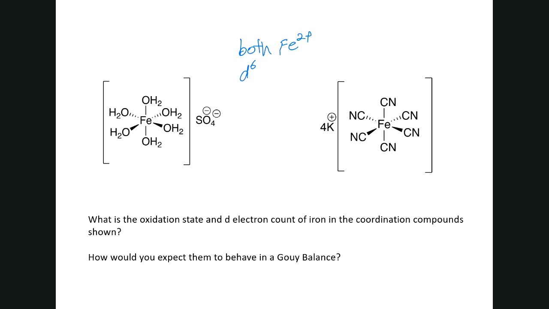Okay. So based off the bonding theory we were looking at before, which is valence bond theory, how would we expect these to behave in a Gouy balance? Right? So therefore I have d6. Paramagnetic.